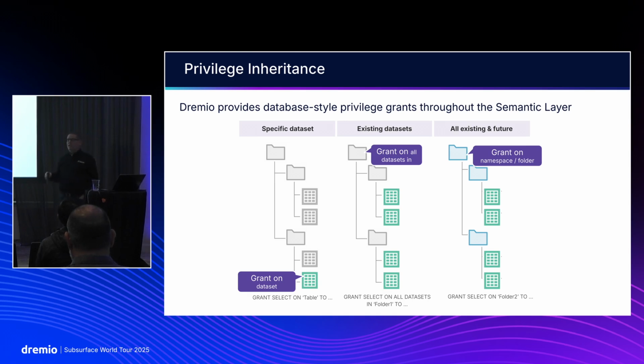So Dremio does provide that flexibility to grant at every step of the hierarchy. And really the rule of thumb or best practice here is be careful, right? Be very clear on what grant statements you want to grant as part of the semantic layer.